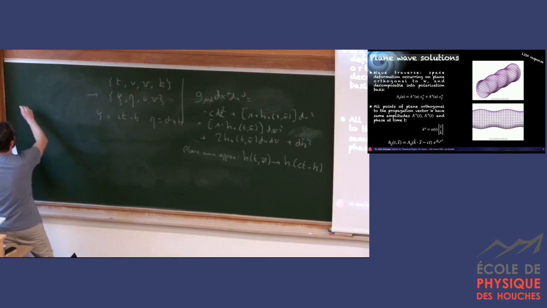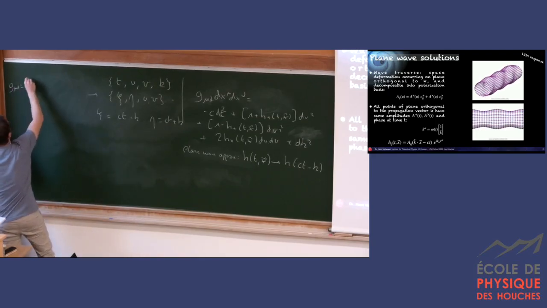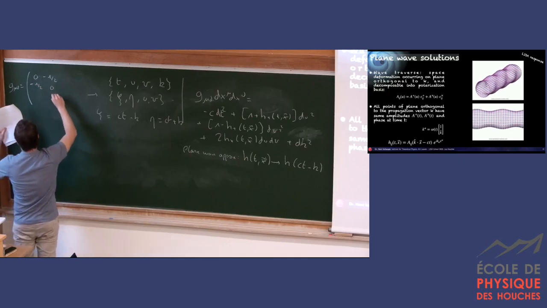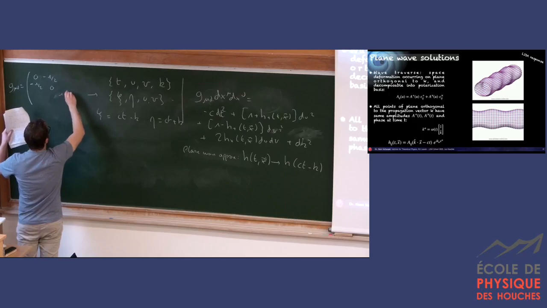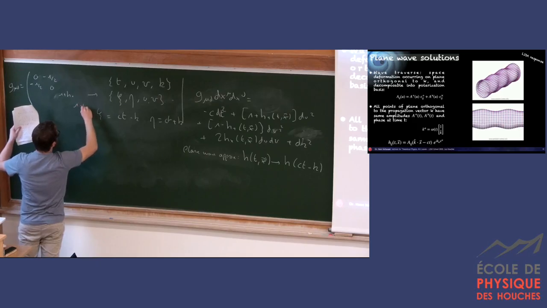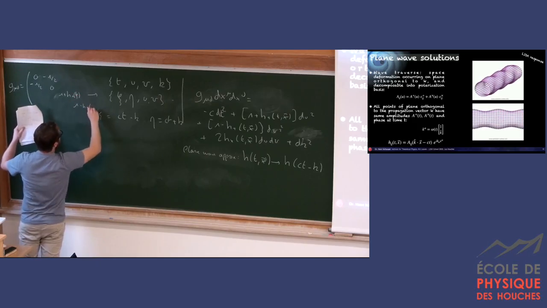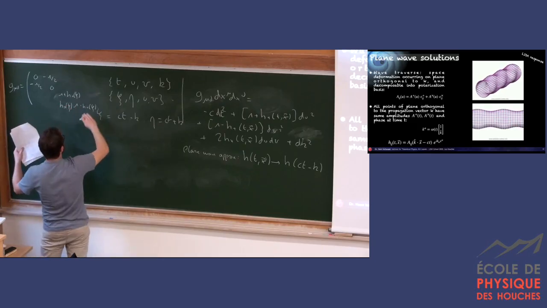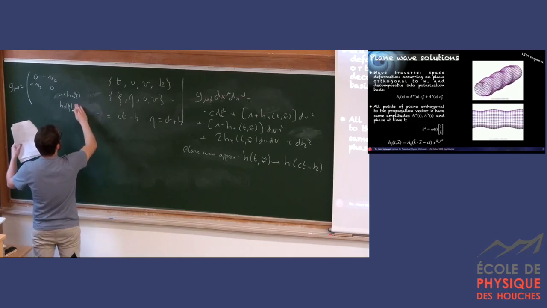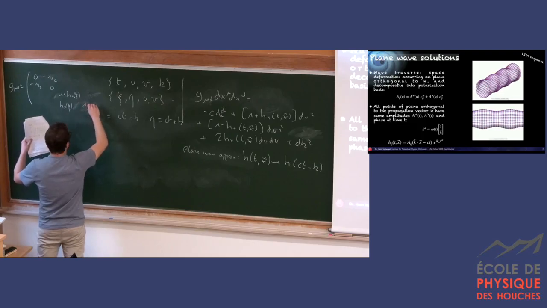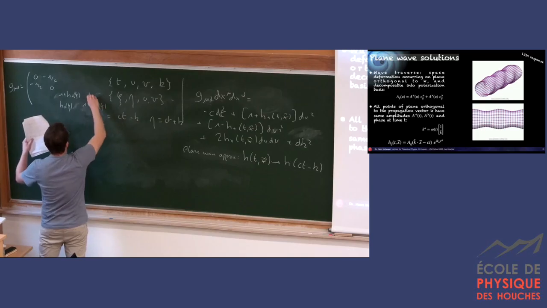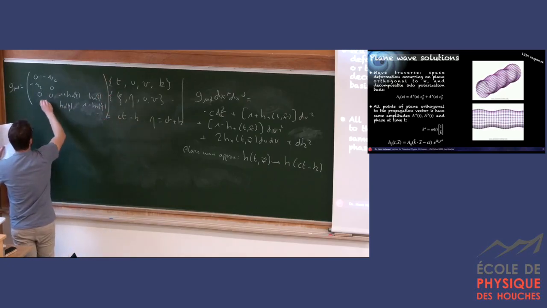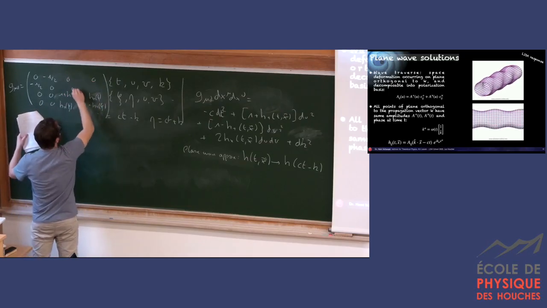Okay, and in that coordinate system, g mu nu is going to be 0, minus 1 over 2, minus 1 over 2, 0, plus h plus, minus h plus, going to depend on psi only, and h cross depending on psi only.